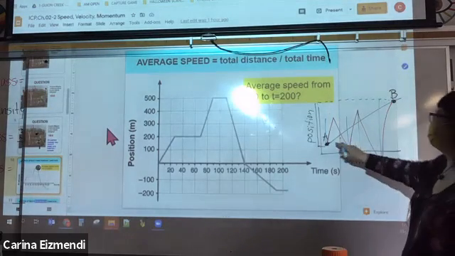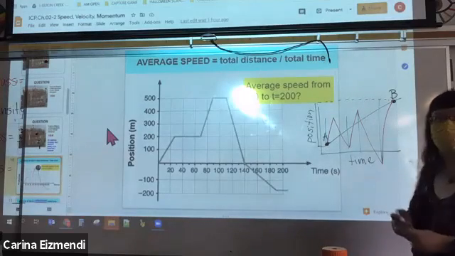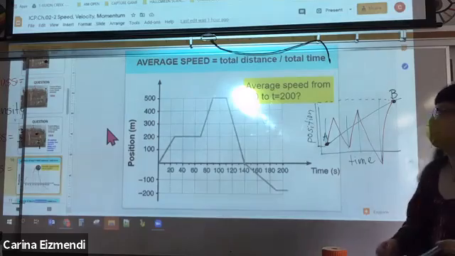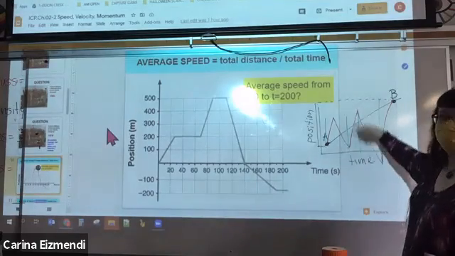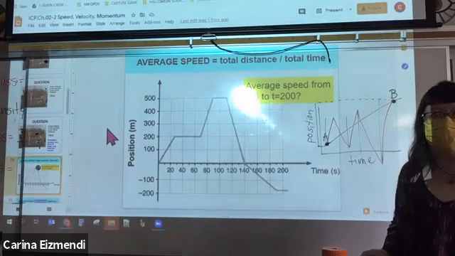So the distance, and you can see it traveled a much longer path. So the distance is bigger if you've got a wiggly line. If you've got a straight line, they're the same.